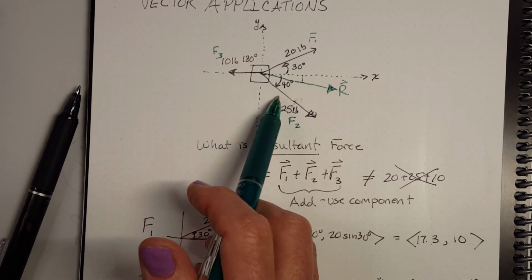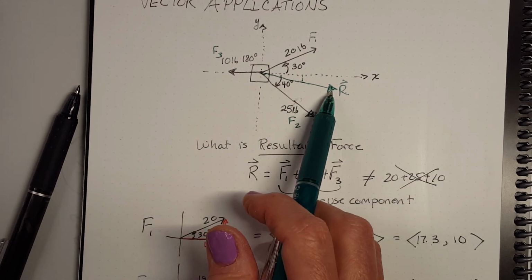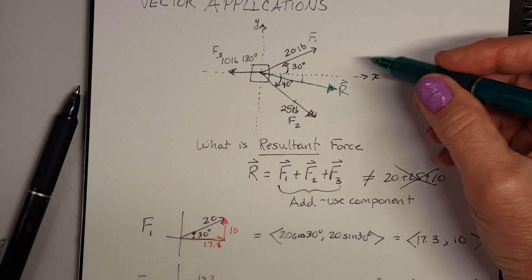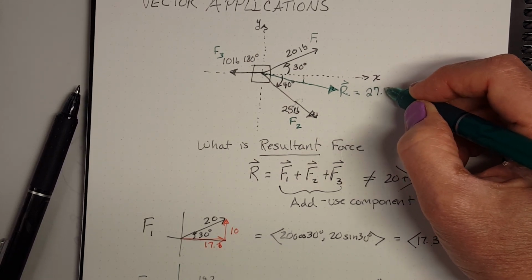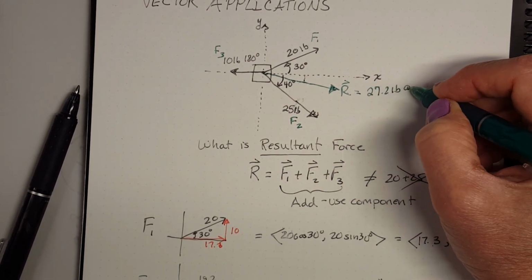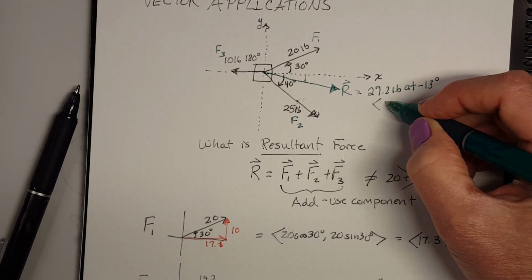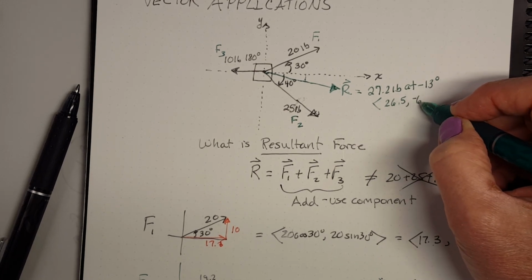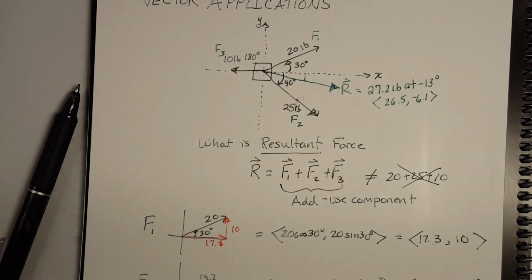The combination of these three forces adds up and could be replaced by this one resultant vector that we said is 27.2 pounds at negative 13 degrees, which is also the same as 26.5 pounds in the x direction and negative 6.1 pounds in the y direction.